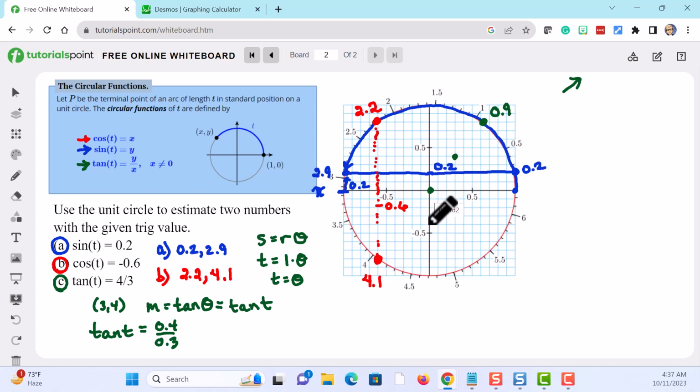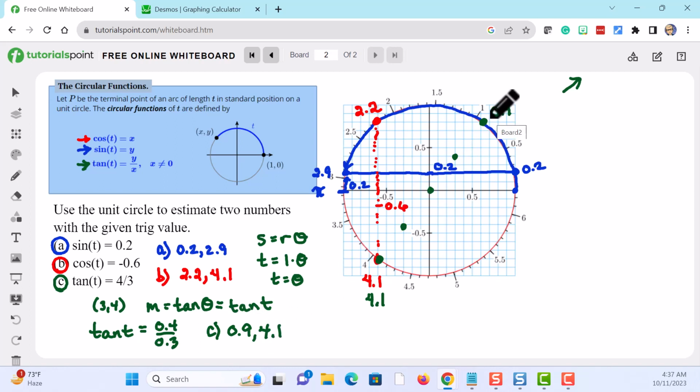Similarly, we could go down 0.4 and to the left 0.3, down 0.4, left 0.3, and we get to about 4.1. So it looks like for part C, our answers are 0.9 and 4.1.